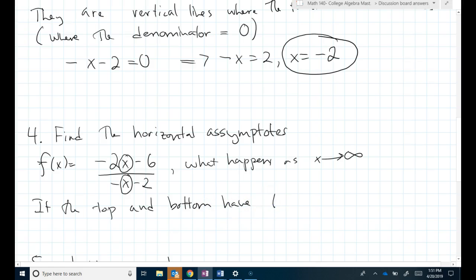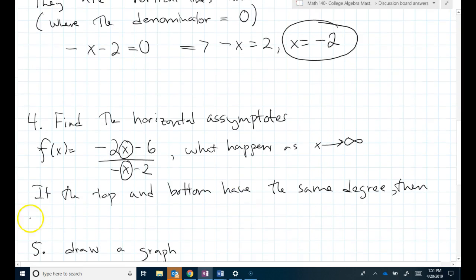If the top and bottom have the same degree, then it's going to be the coefficient of the top divided by the coefficient of the bottom. So it'll be negative 2 in this case divided by negative 1, which equals 2. So my horizontal asymptote is a y value: y equals 2. And as x gets really big, the top and bottom are going to get big at an equal pace.